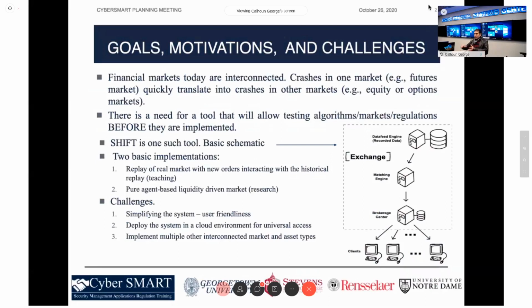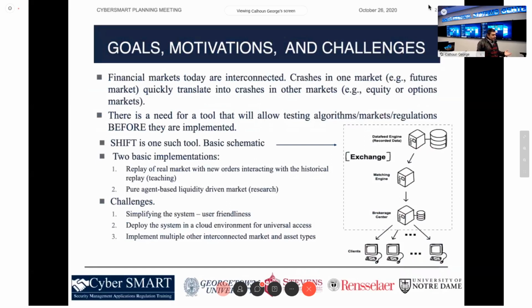We have one engine, which we call the database engine. We have another engine, which is the matching engine, where all the orders are matched. We have a brokerage center, which holds the records of all the market participants, their accounts, and how much they can borrow, how much they can lend. And then of course you have the clients, which are really either algorithmic systems or real people that interact with the system. So it's a pretty complex system.